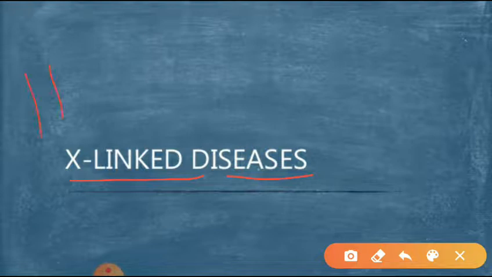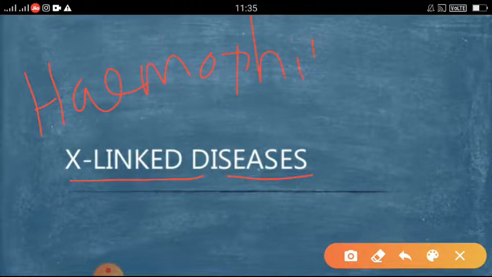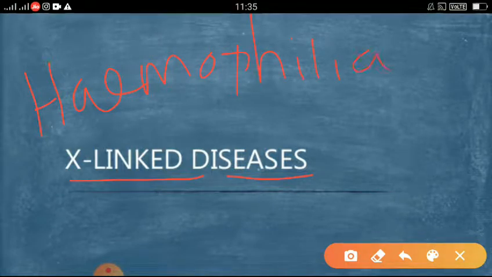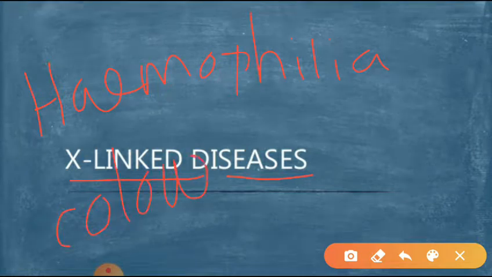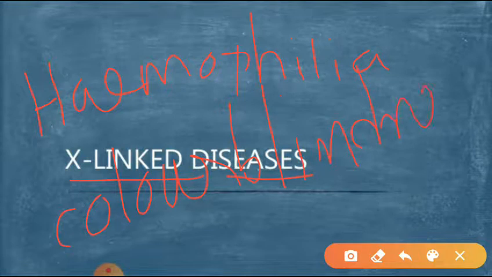Example, hemophilia and color blindness. These are the two X-linked diseases. There are two types of X-linked diseases.